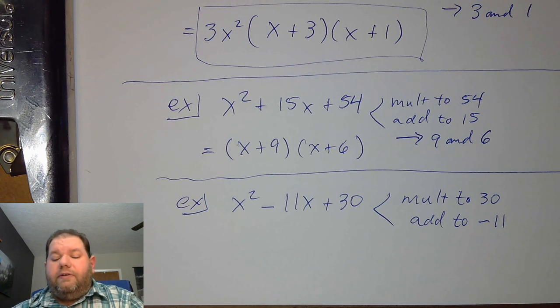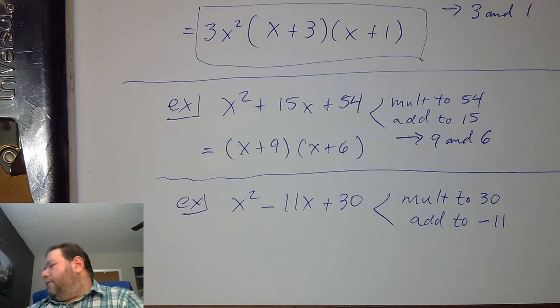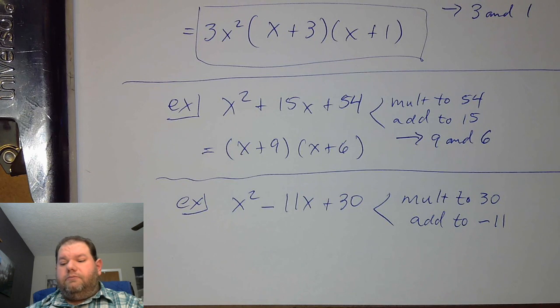So what that tells us is now both of these answers are probably going to be negative. Okay. So what two negative numbers can we multiply to give us 30 and add up to negative 11?